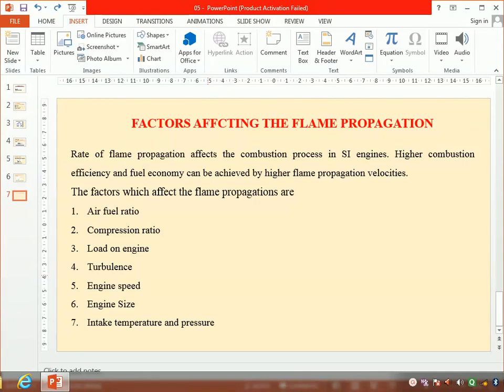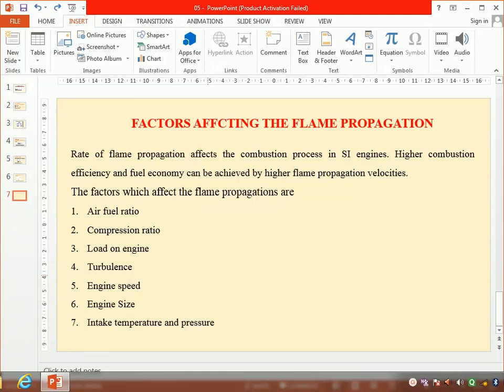It is from A to B. So at point A it started, meaning the starting of ignition, and point B represents the starting of combustion. Getting? So this is simply a time interval during which the chemical reaction occurs, during which the molecules of fuel are heated up to the self ignition temperature, and that way it ignites and the flame is propagated in the combustion chamber.